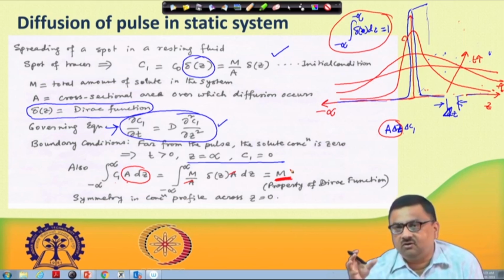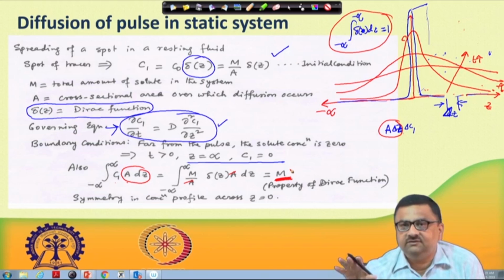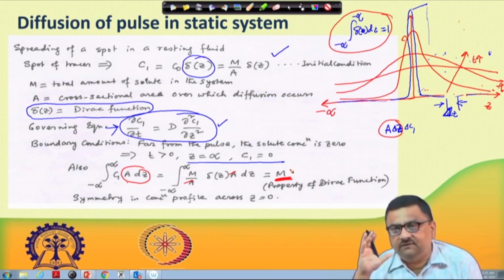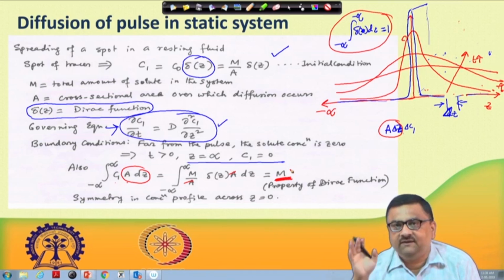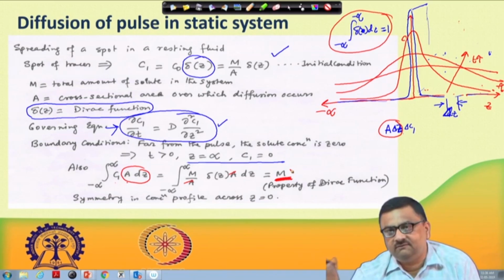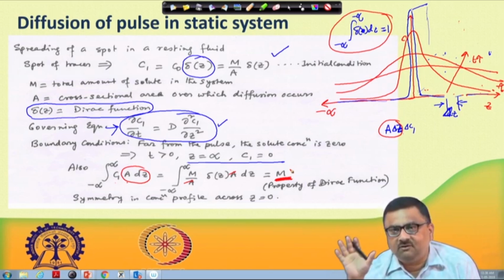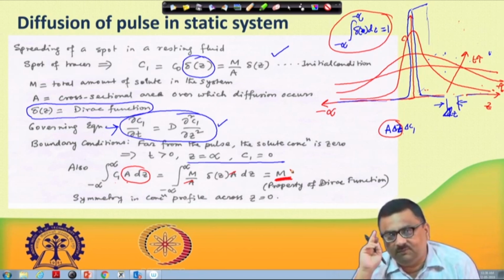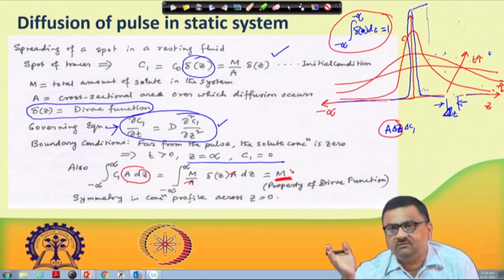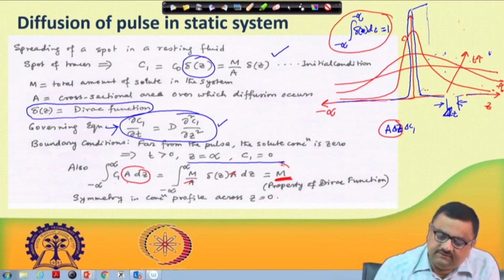That drop of ink that you placed in the beaker, that same ink is diffusing. If we take stock at any time of how much solute is present in the beaker, wherever it has diffused between minus infinity and plus infinity, the sum of all the solute has to equal the m you placed at t equal to 0 at z equal to 0, because there is no other input and no output from the system at any time. So this is equal to m.